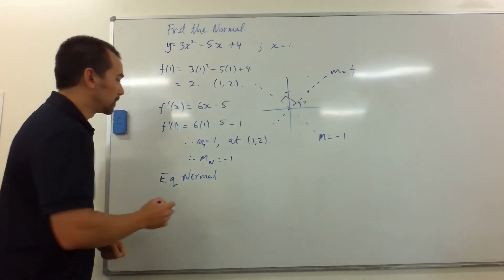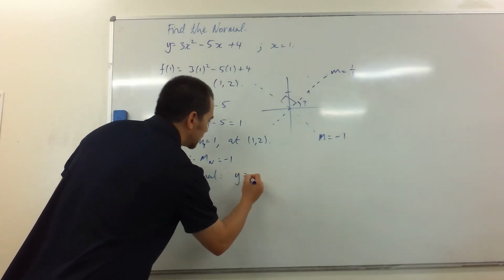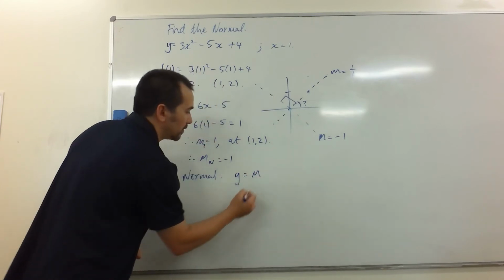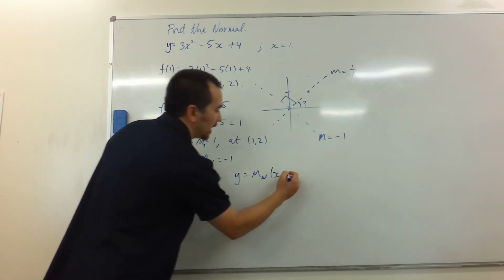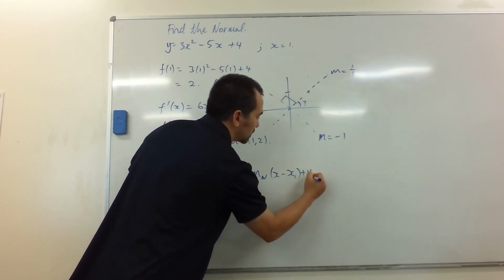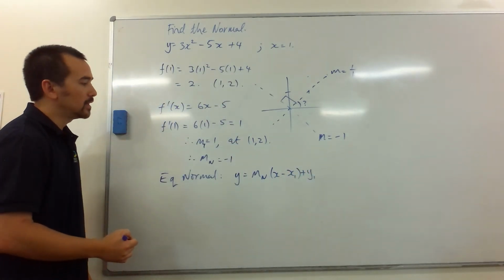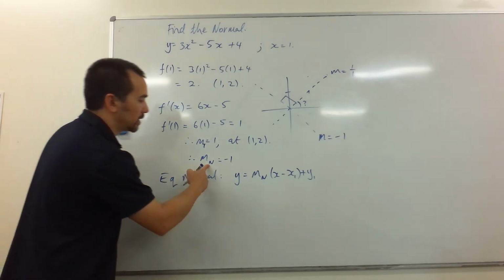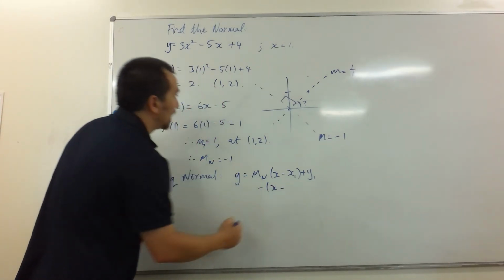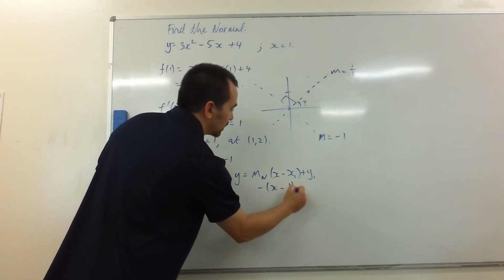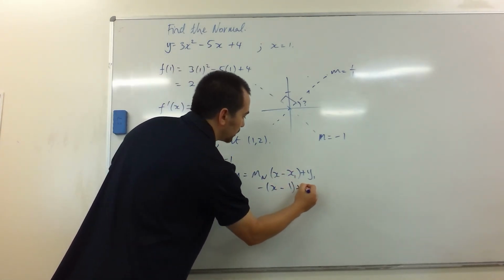So we're good to go. So here we go. We have y is equal to the gradient of the normal times x, take away x1, plus y1. The gradient is -1. x1 is 1 and y1 is 2.